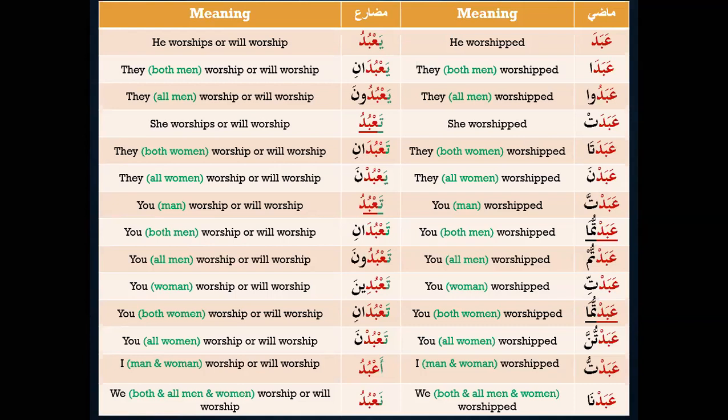And in certain cases, with tathniya and jama', you would have a noon at the end. In the case of tathniya, ani. In the case of men, masculine plural, una. And for collective feminine, it would be just noon, which is a noon of femininity. It is not a noon of i'rab. We cover that at some point, but just memorize it as you memorize abada.